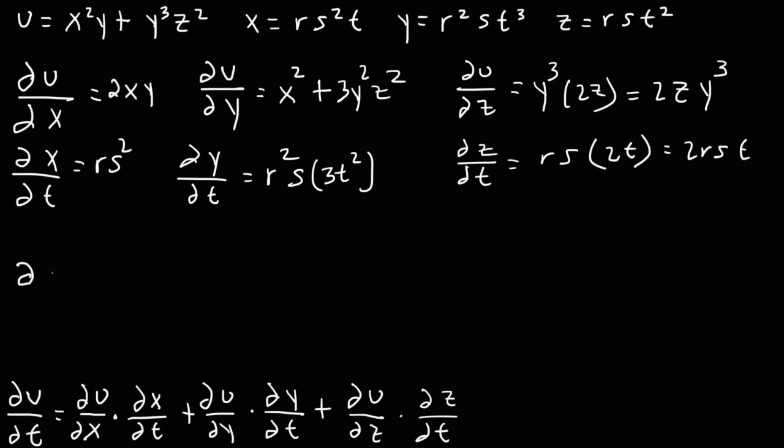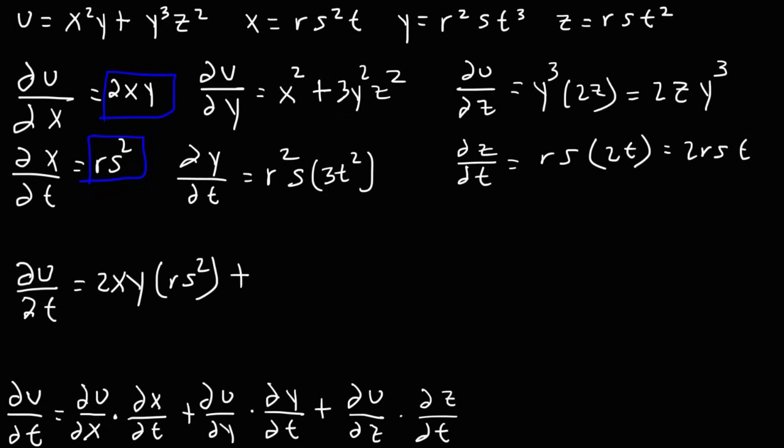Now let's go ahead and put everything in. So the partial derivative of u with respect to t is going to be the partial derivative of u with respect to x. So that's this one first. So it's 2xy, and then times the partial derivative of x with respect to t, rs squared.